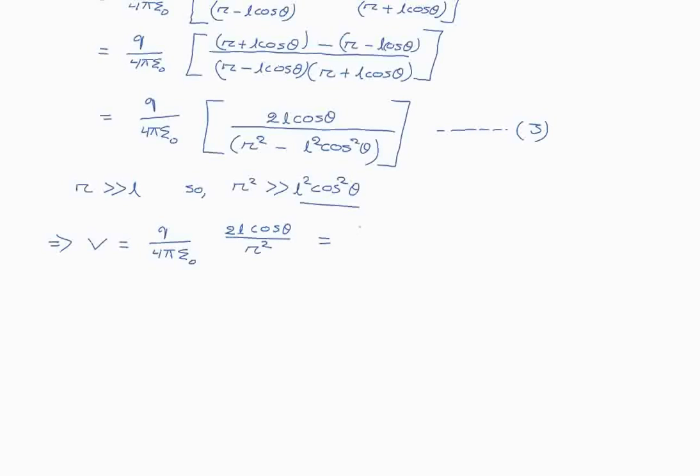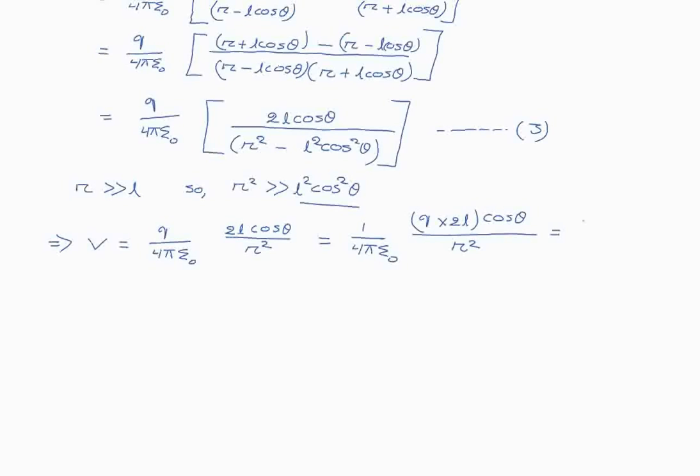This is equal to 1 by 4 pi epsilon naught, Q into 2L cos theta divided by r square. So Q into 2L, that is Q is the magnitude of either charge and 2L is the separation between the two charges. So we know that this value is the magnitude of the electric dipole moment.